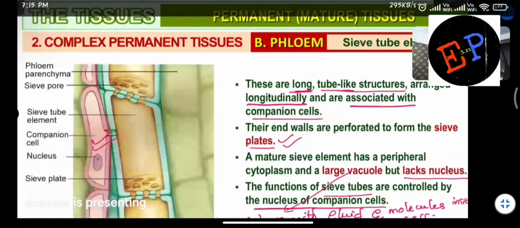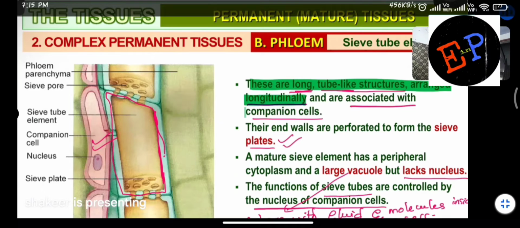First we will study sieve tube elements. This total structure which you are seeing here, you can call a sieve tube element. They are long tube-like structures arranged longitudinally, and they are associated with companion cells.